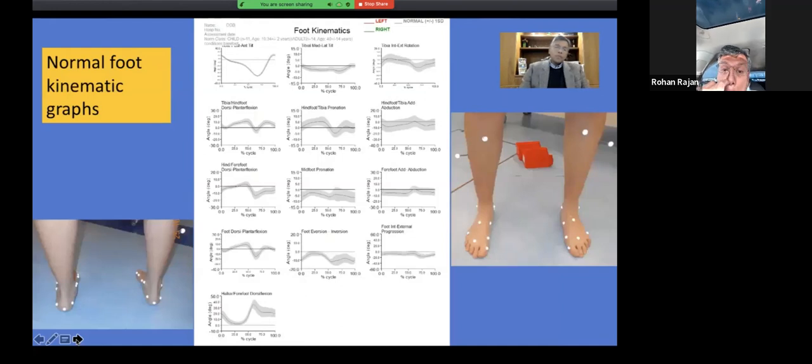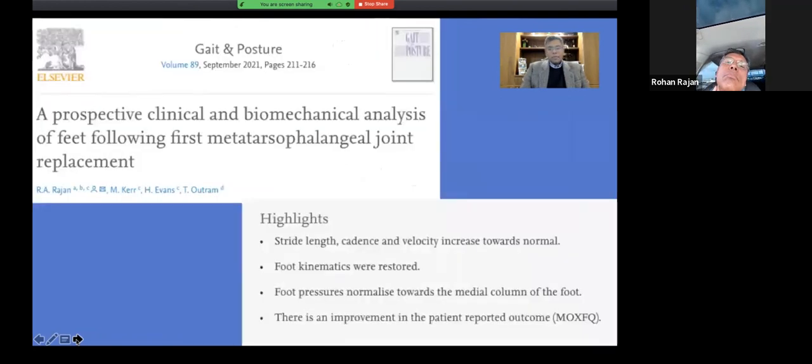We can also look at foot kinematics using the markers I described earlier, and we've published a paper which showed that following first MTPJ replacement, foot kinematics were restored to normal with improved temporospatial parameters such as stride length, cadence, and velocity.